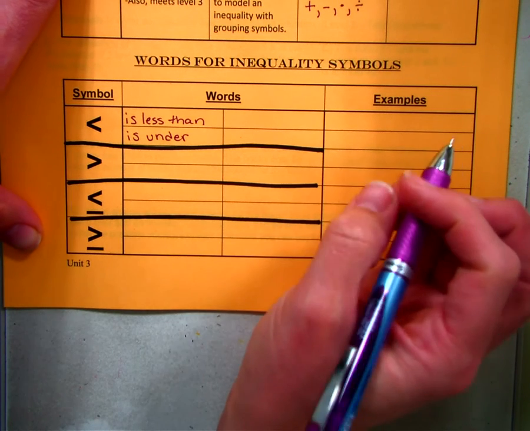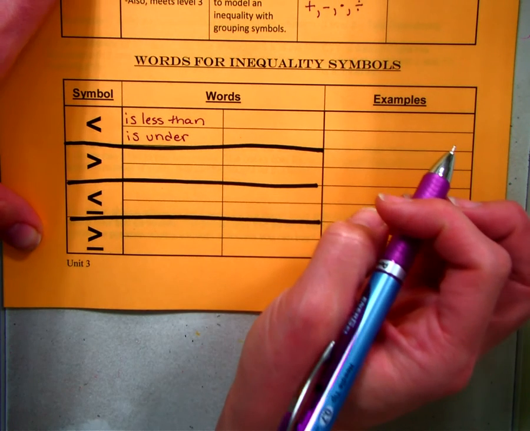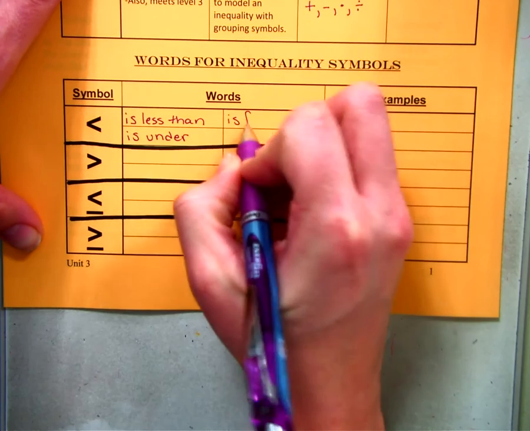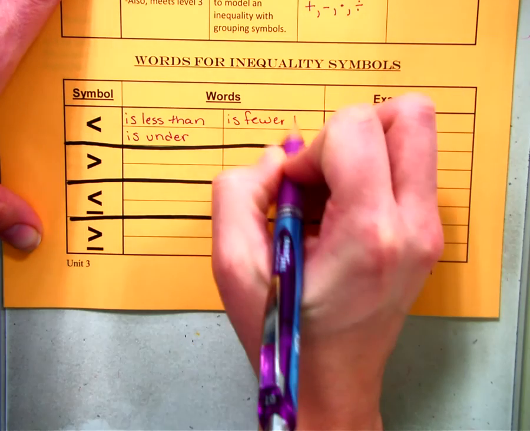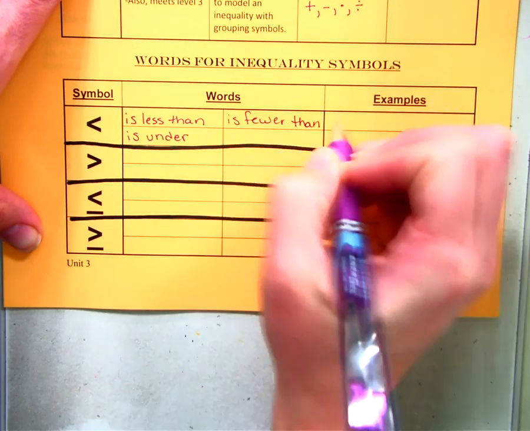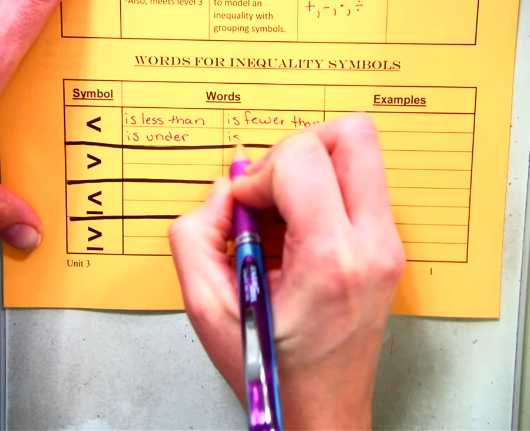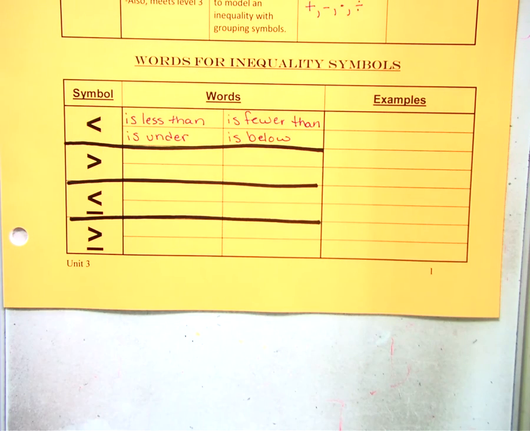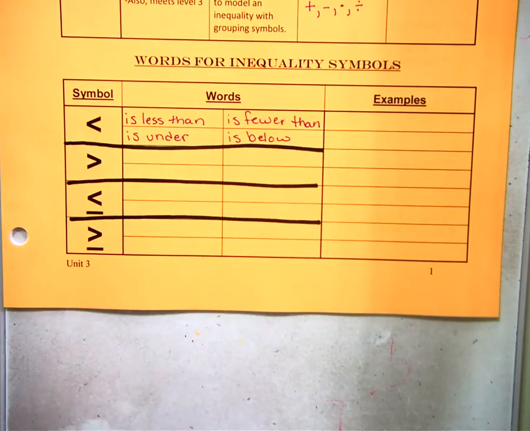The temperature is going to be under 40 degrees. We could also say is fewer than, or just is below. Now these aren't the only words that would make you write that symbol. These are just some common examples to use.